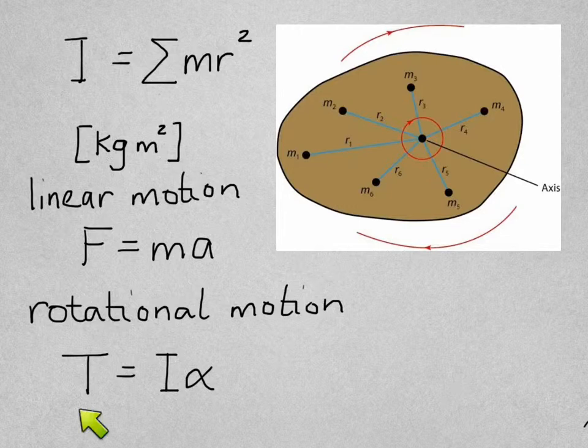So that's the torque, instead of the force, equal to the moment of inertia, instead of the mass, times the angular acceleration, instead of the linear acceleration. These two formulas are equivalent to each other. So we've got two important equations on this screen. I, the moment of inertia, is the sum of mr squared, and T equals I alpha. Torque is moment of inertia times the angular acceleration.